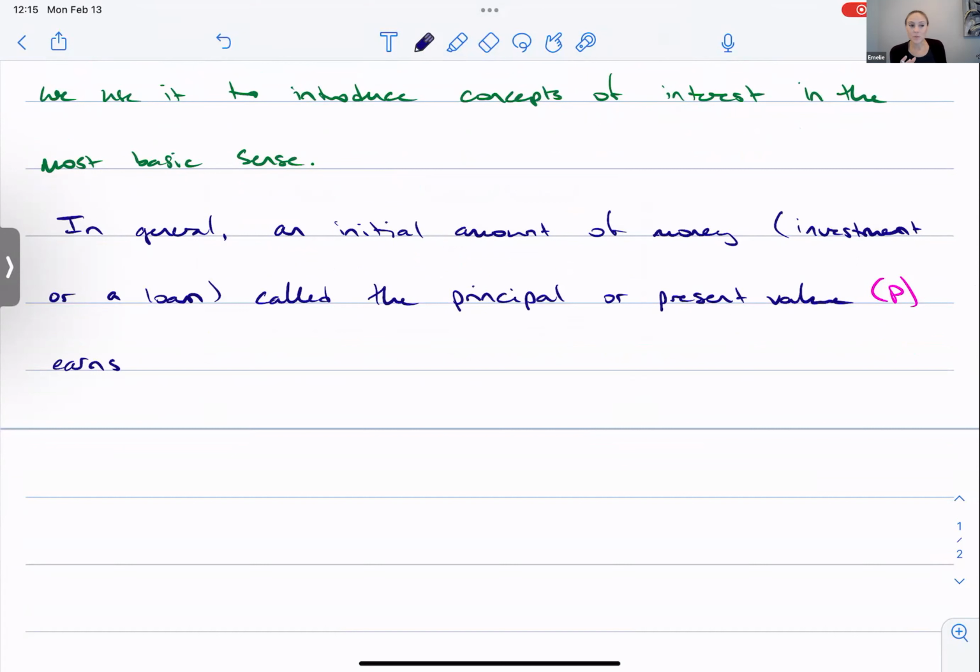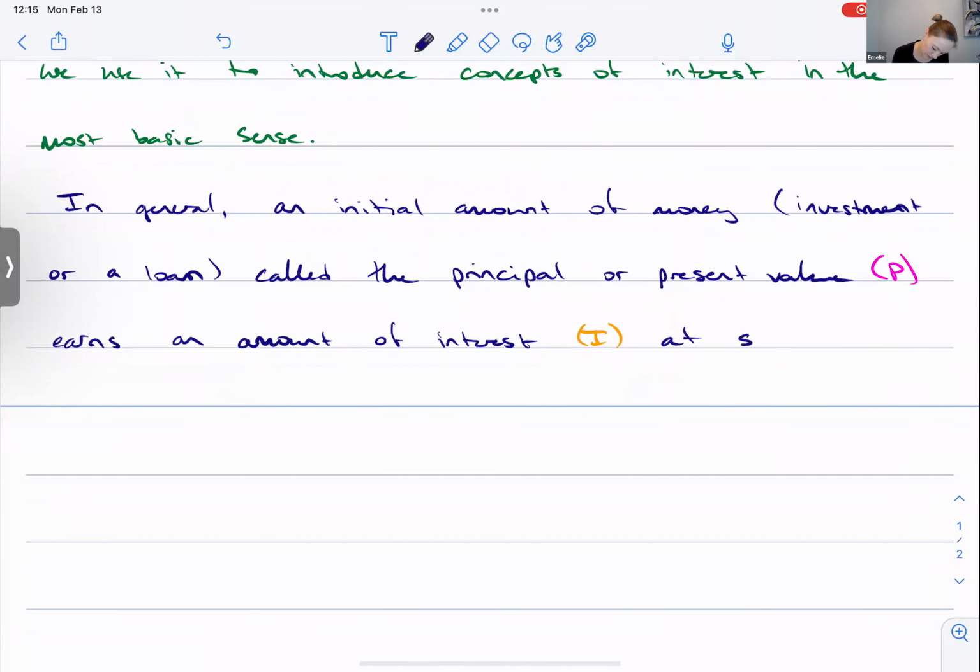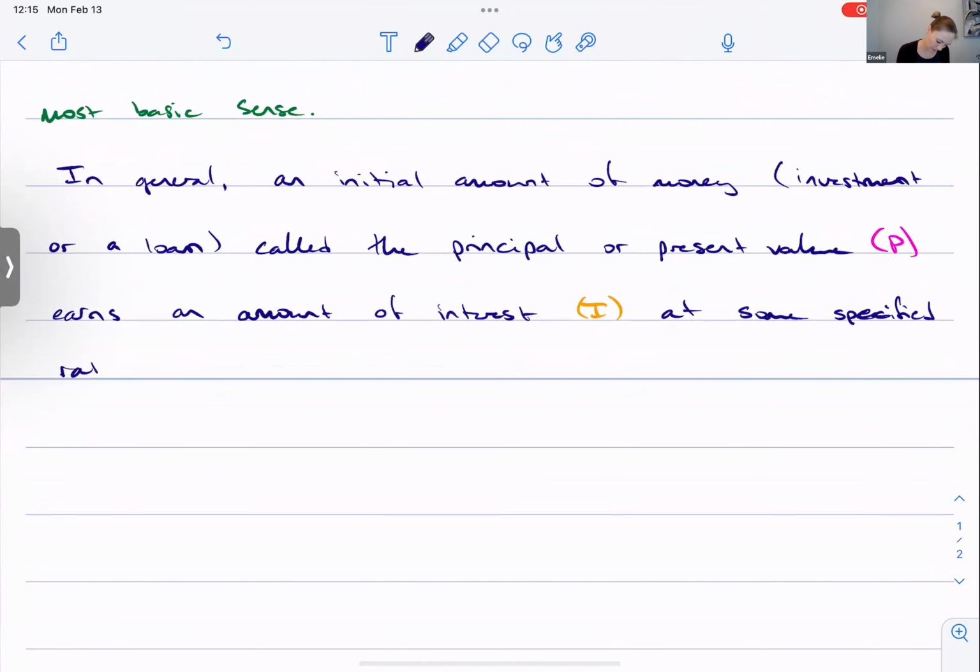That present value or the principal, investment or loan, earns interest at some rate. So it earns an amount of interest. And when we talk about the amount, we're going to use capital I. So it earns an amount of interest at some specified rate of interest.